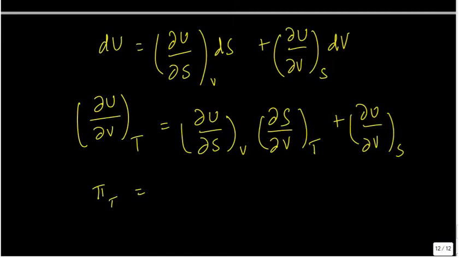Del S by del V at constant temperature, what is it? You got it equal to del P/del T at constant volume. This comes from the Maxwell equation from dA, the Helmholtz free energy.